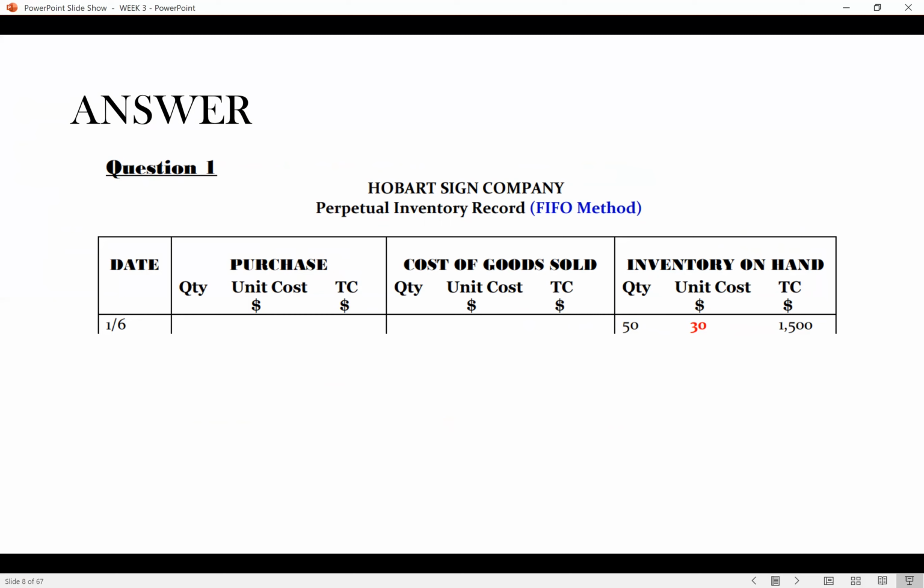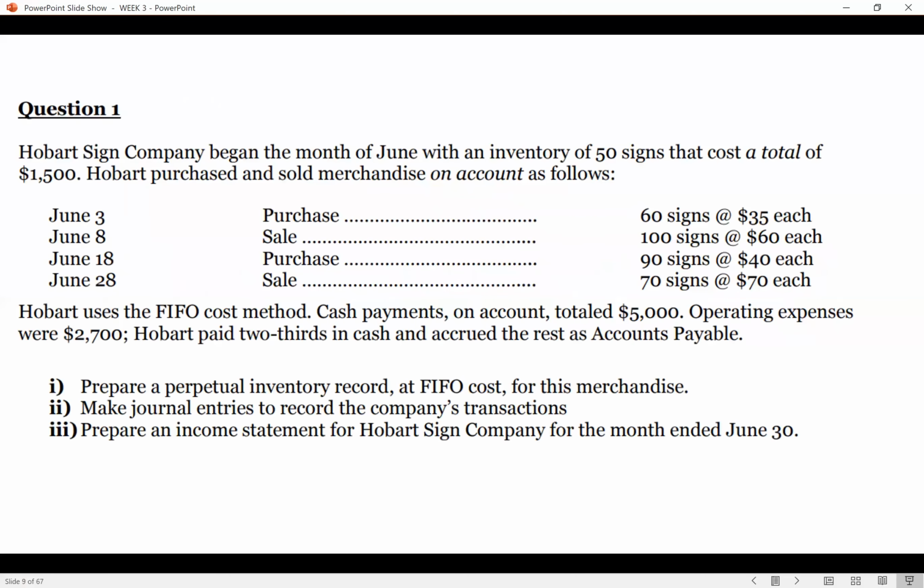So having both that information, we're able to find unit cost. What we did was divide the 50, our quantity, into our total cost, 1,500, and then got the 30. So now that we have our beginning inventory, let's look at the daily operations of the business.